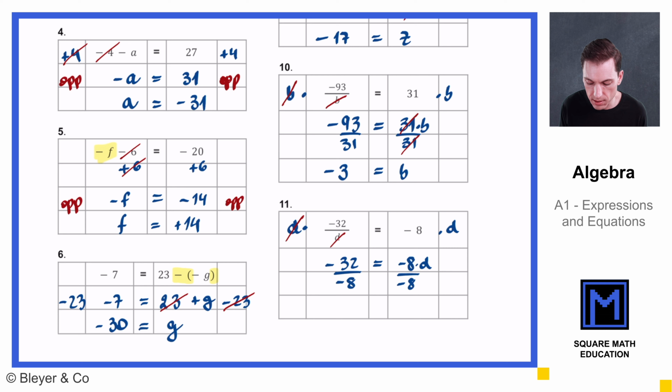Both sides equal. A negative number divided by a negative number is positive, so my answer is positive. Negative 8 divided by negative 8 cancels out to 1, so this side is only d. And on the other side, you need to think a little bit about the multiplication table of 8. So 8 times 4 makes 32.